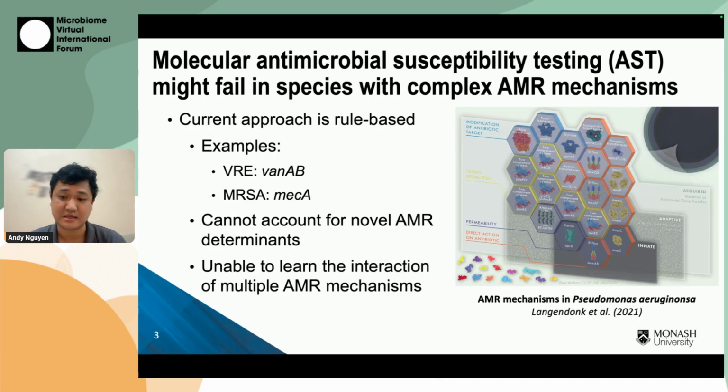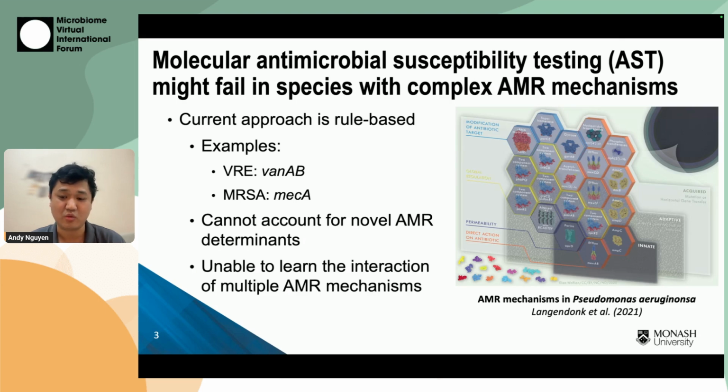You can see on the right side, in Pseudomonas aeruginosa, AMR likely emerges from multiple different AMR mechanisms rather than just one single determinant. Because of that, we need a more sophisticated approach, which not only accounts for the multiple interactions of AMR mechanisms, but is also able to detect novel AMR mechanisms.